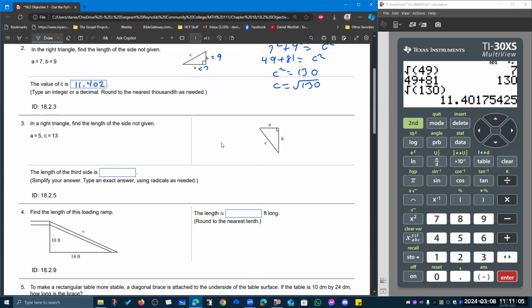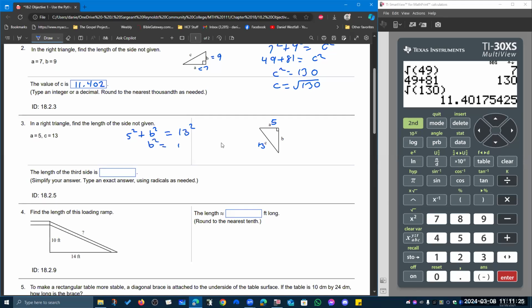Next we have A is 5, C is 13, and B is going to be what? So 5 squared plus B squared is equal to 13 squared.